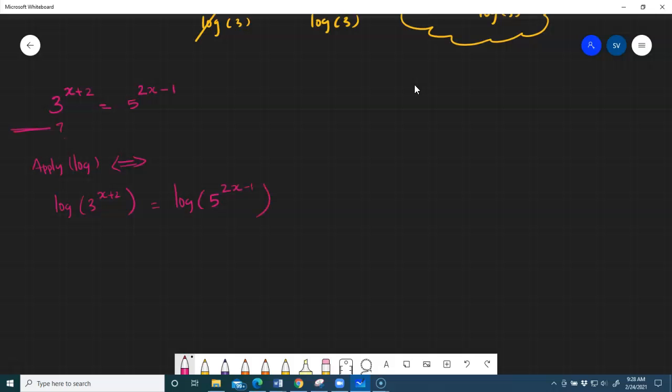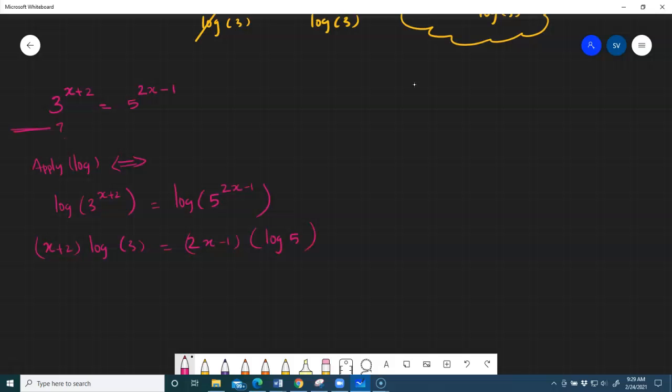In the previous problem I mentioned the power rule, so this x plus 2 will come in front of the log. So (x plus 2) log 3 is equal to (2x minus 1) log 5.